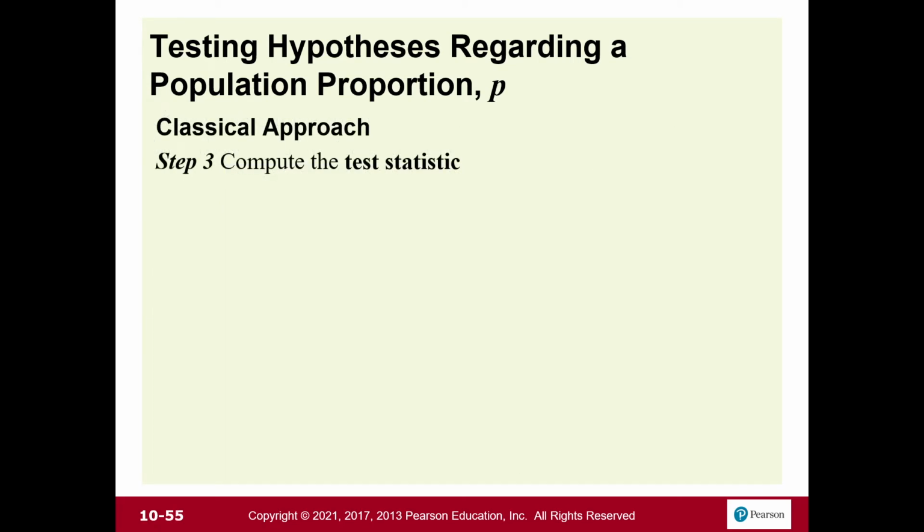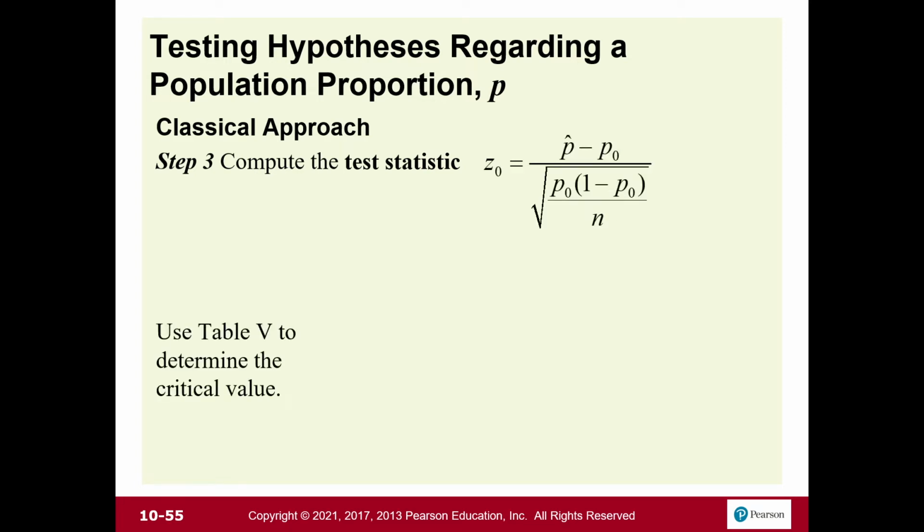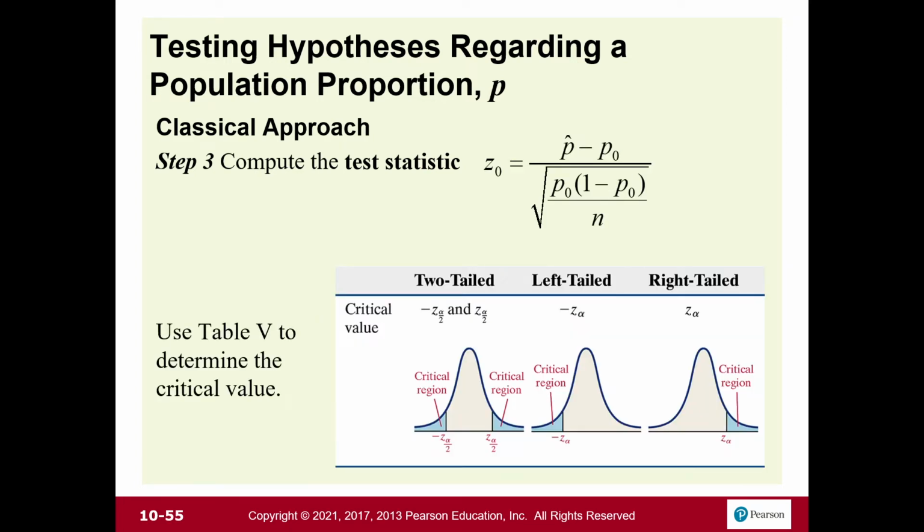And then we calculate the test statistic. Now, based on our test statistic, that's going to let us know what the p-value is. The p-value is that area, the proportion, or the probability of getting a number in that range.